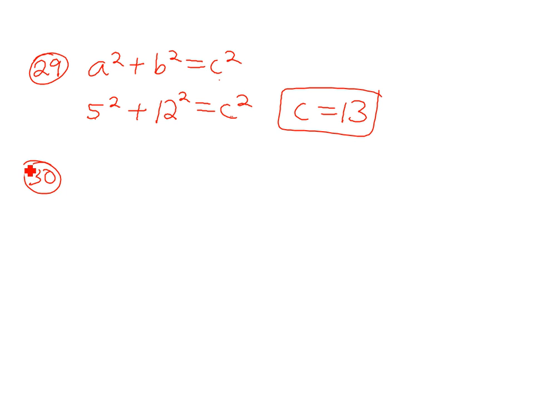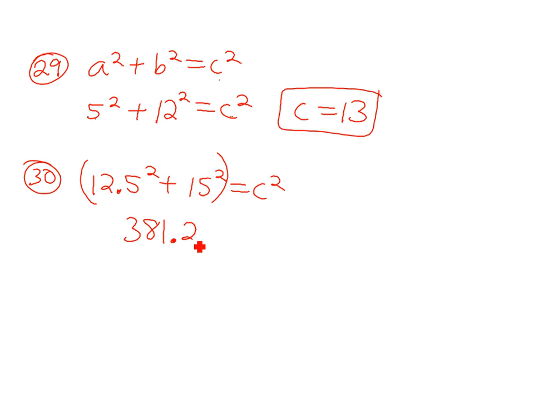30. They tell us the two legs this time are 12.5, so 12.5 squared plus 15 squared. We're looking for C. You can punch all this into your calculator all at once. You have 12.5 squared plus 15 squared, hit equals, you get 381.25. That equals C squared.